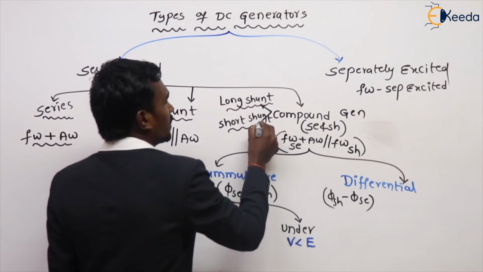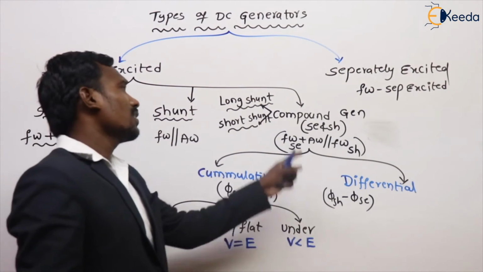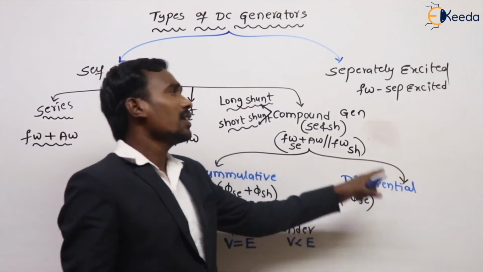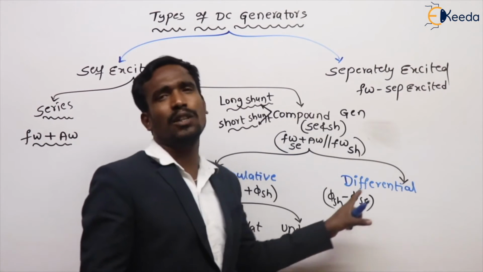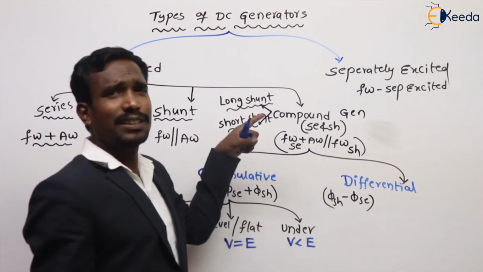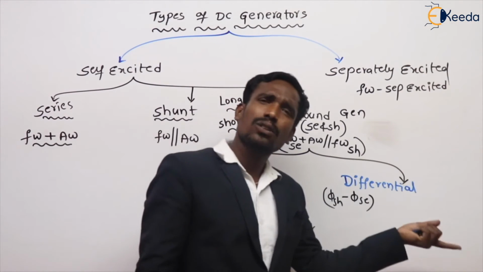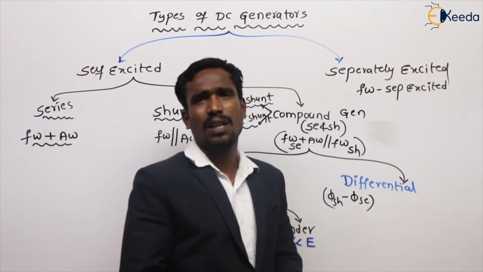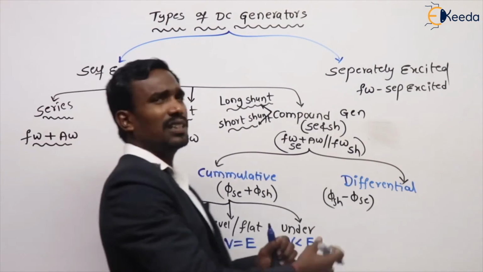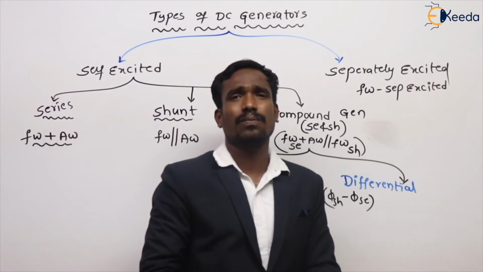This is the other way of classifying. Long shunt has cumulative type and differential type. Short shunt has cumulative and differential type. Cumulative has long shunt and short shunt. Differential has long shunt and short shunt. Like that, we have different types of DC generators.